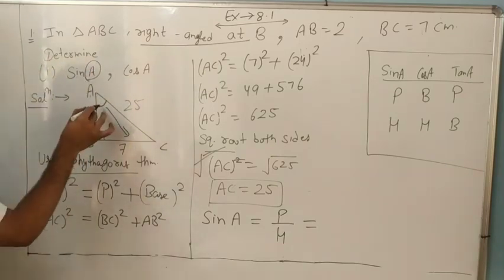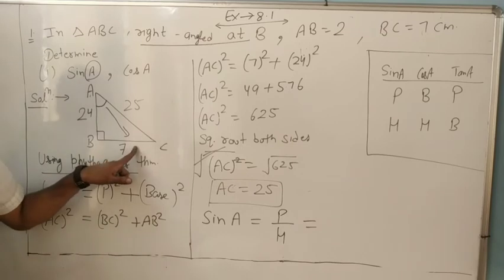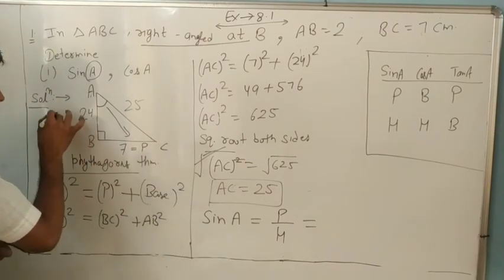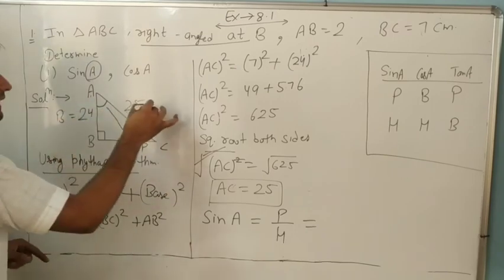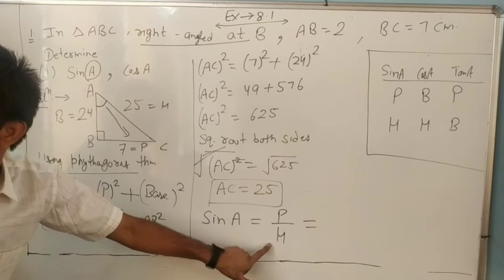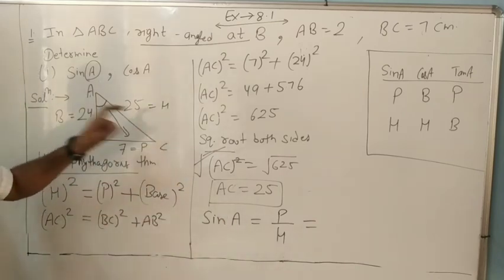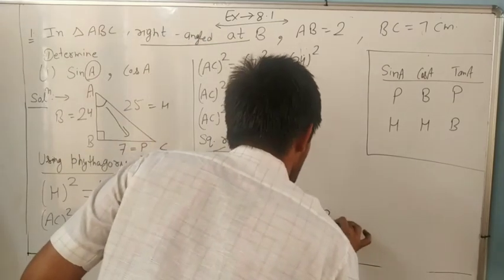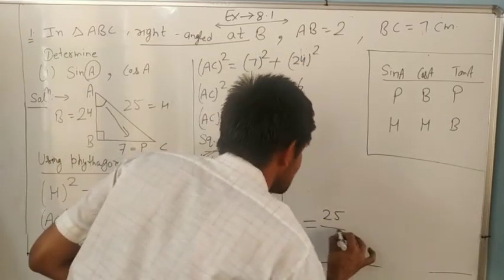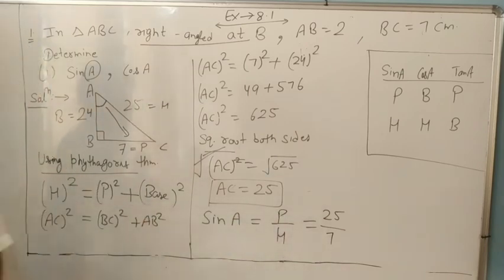A. So the opposite of the angle is the perpendicular, this one is the base, and this one is the hypotenuse. So perpendicular by hypotenuse. What is the perpendicular? 25, and the hypotenuse is 7. So what is sin A? Sin A answer is 25 by 7.